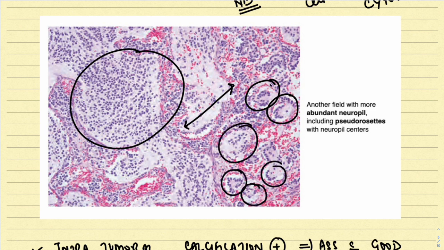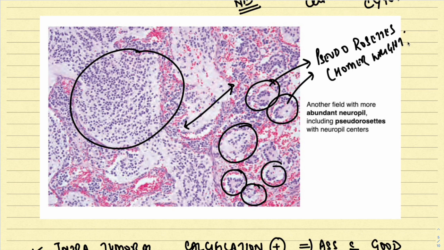These structures are nothing but pseudorosettes, and in the case of neuroblastoma, we call them Homer Wright pseudorosettes. As you can see, the center part contains neuropil, which is surrounded by the tumor cells, as we can appreciate from these diagrams. So this center part you can see.